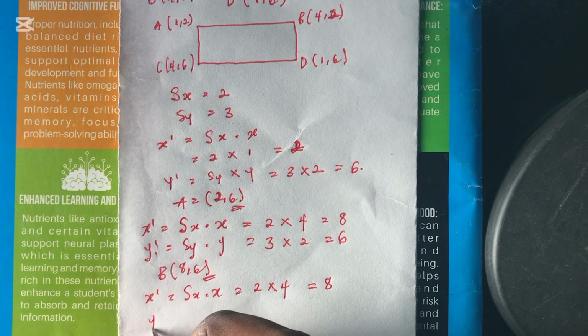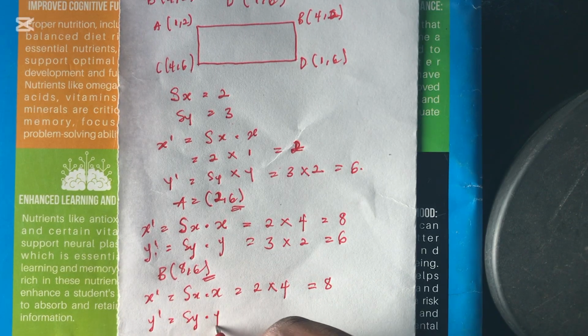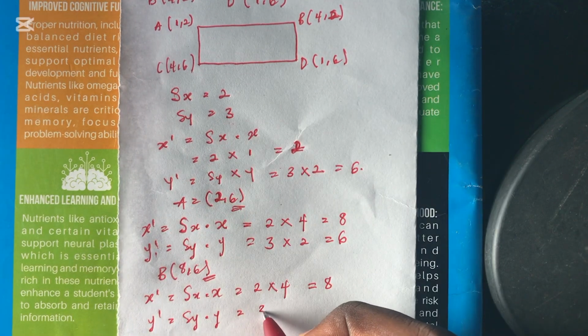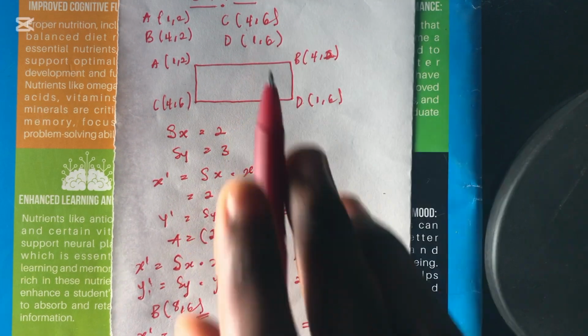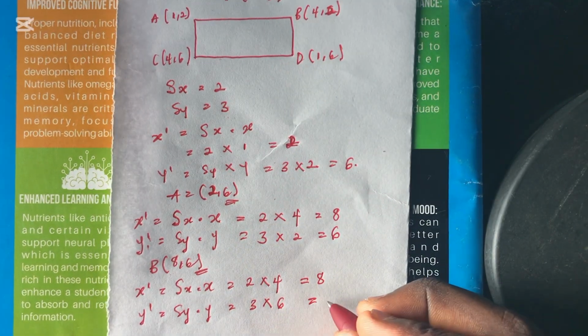Then for y prime, the scale factor of y, which is 3, multiplied by y, which for C is 6. 6 times 3 is 18.